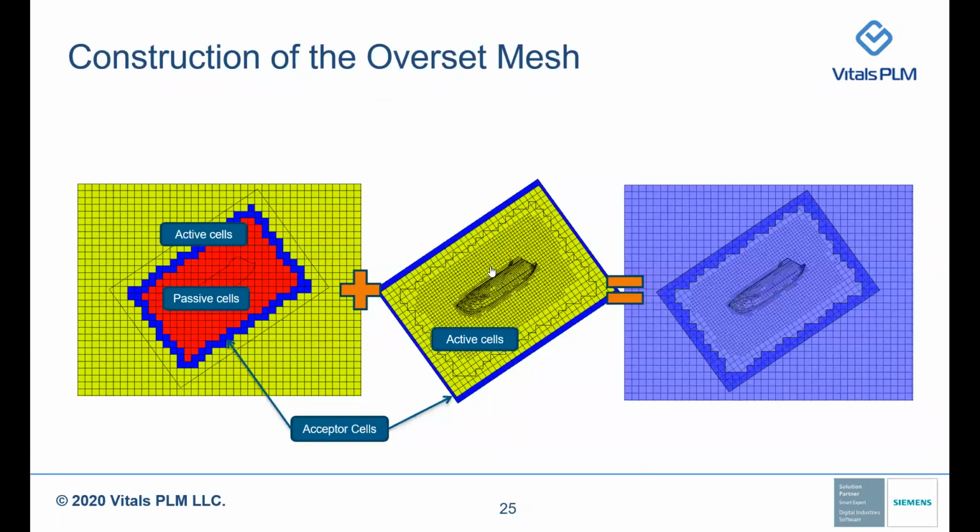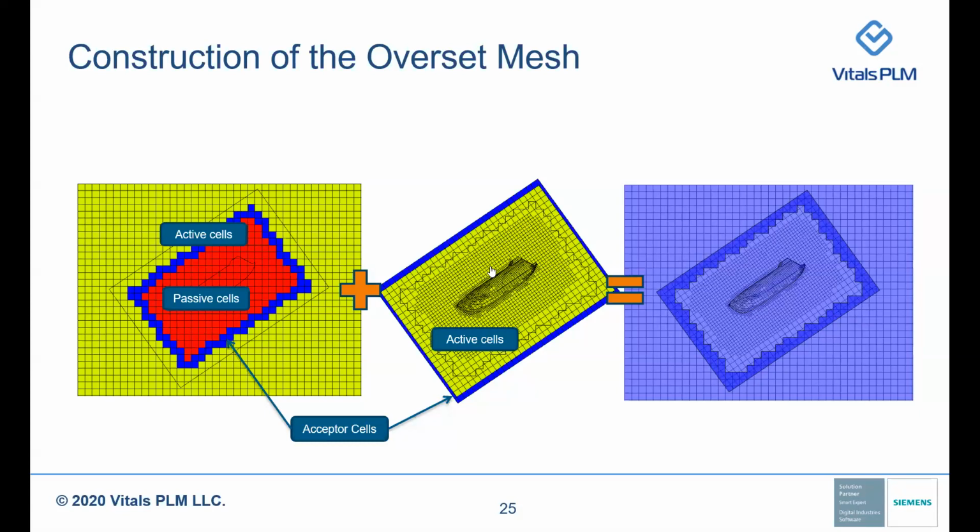Here is another way of looking at the Overset mesh methodology. We have active cells from the background region, colored in light green, and passive cells belonging to the background region, colored in red. Once we have this overlapping region on the background region, we have active cells again colored in light green from the overlapping region.